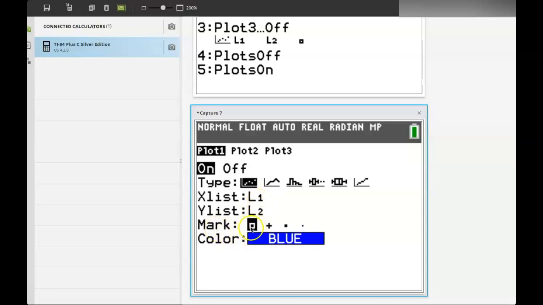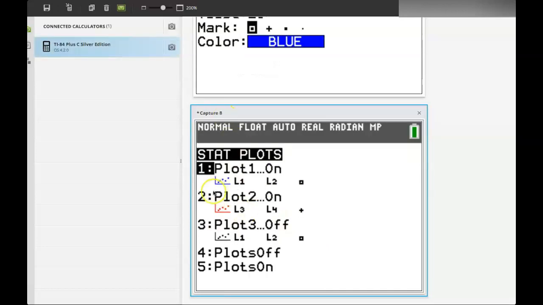Now for males, I'm choosing this square mark and this color, blue. Okay, going back by pressing 2nd, again 2nd, Y equals. So again, I have this page. Now I'm choosing number 2. I'll scroll down to choose number 2, enter.